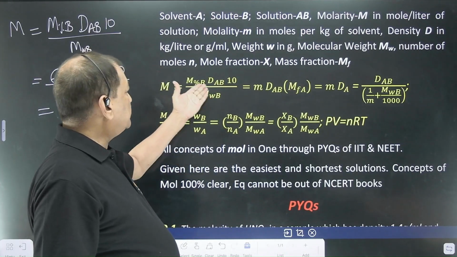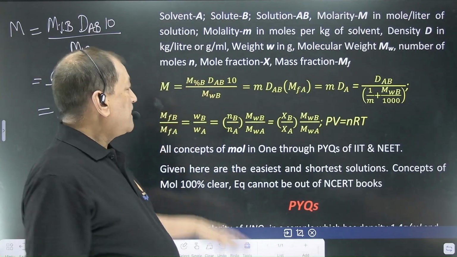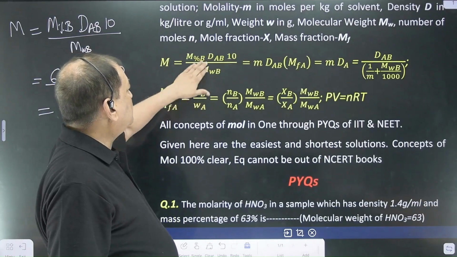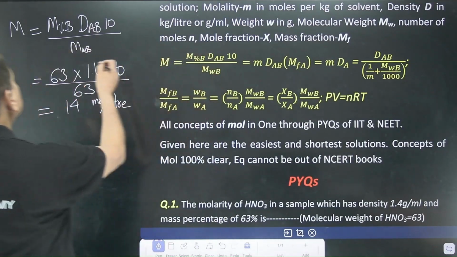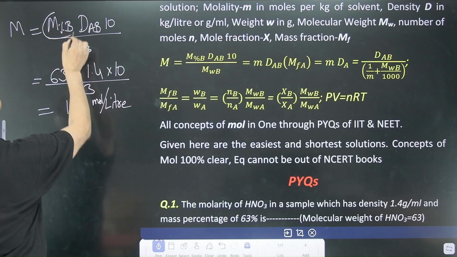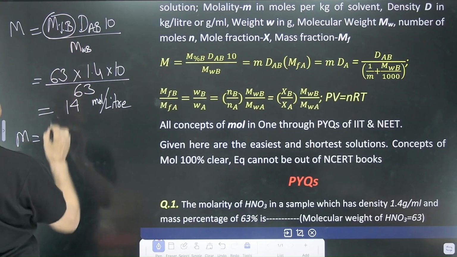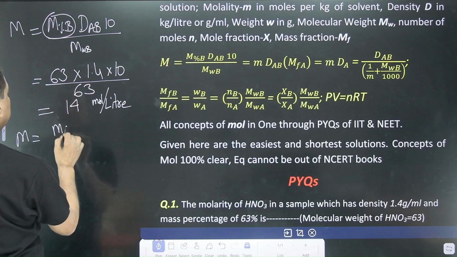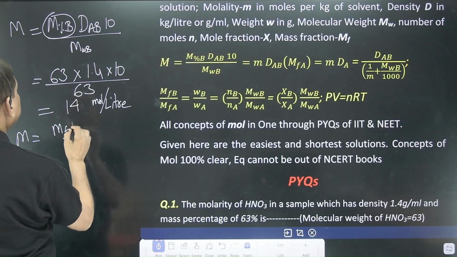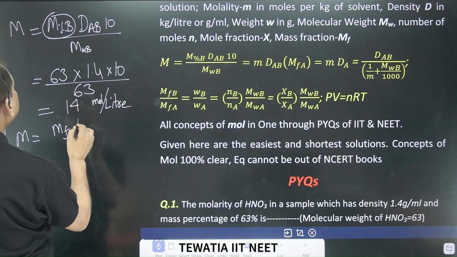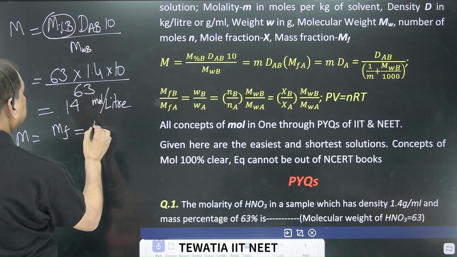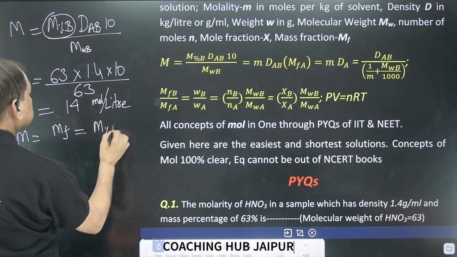You may ask, sir, where is this formula coming from? You can derive it yourself and I can give you a hint. What is this percentage? If I write mass fraction, suppose I designate it by MF, that will be M percent B by 100.